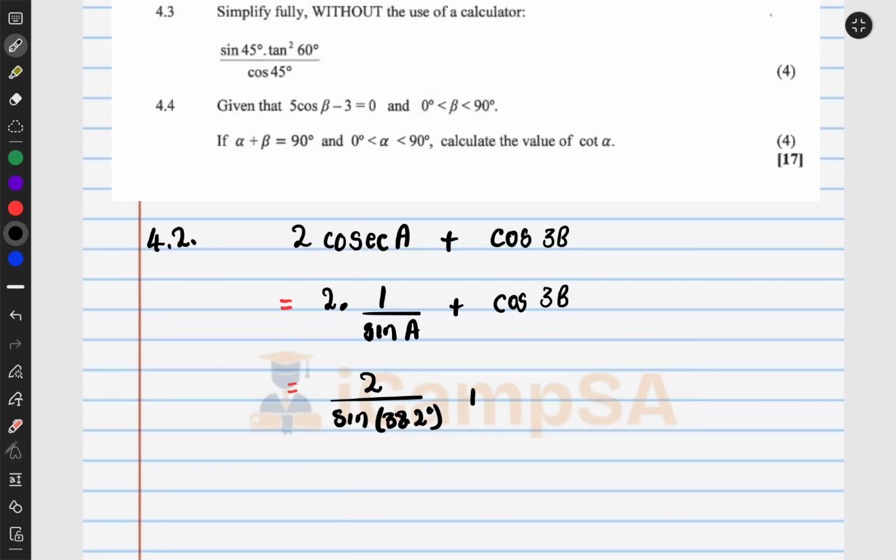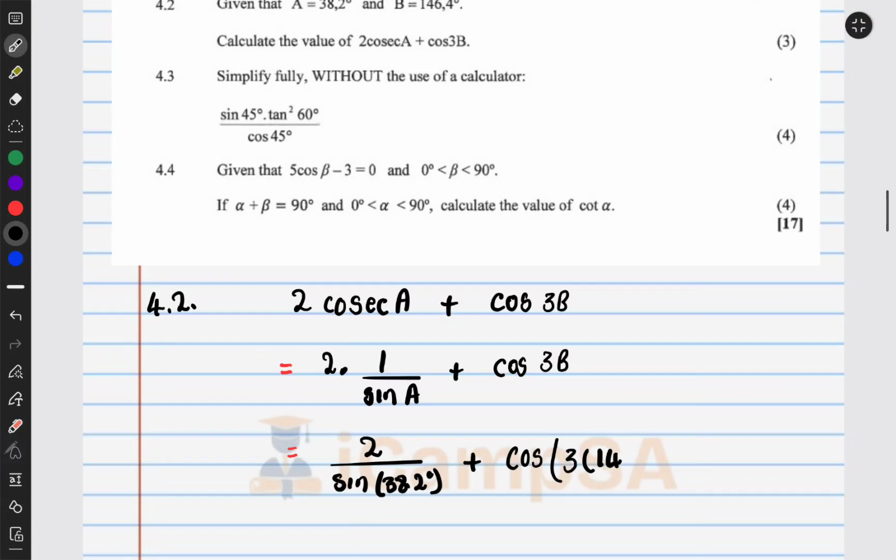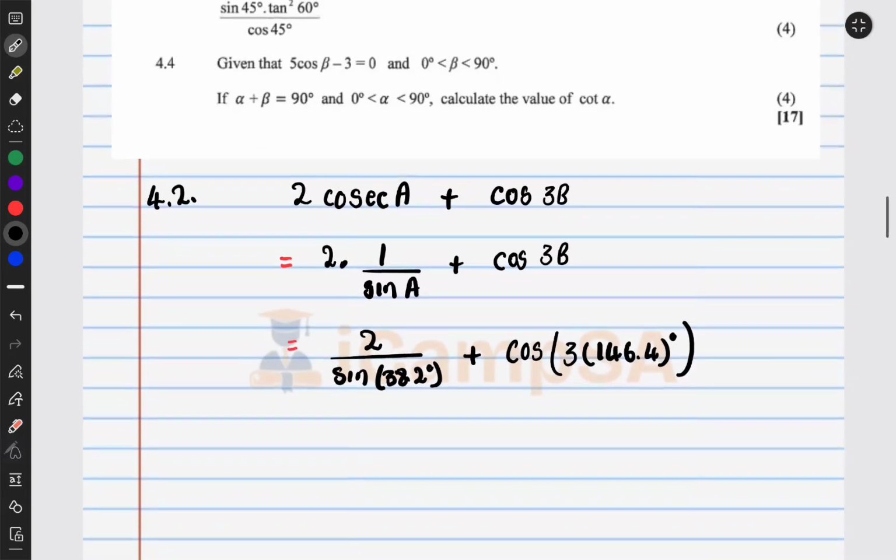38.2 degrees plus cos of 3 multiplied by B. What is B? 146.4 degrees.